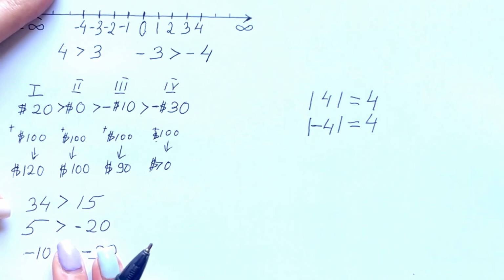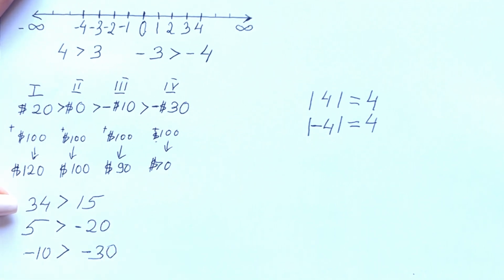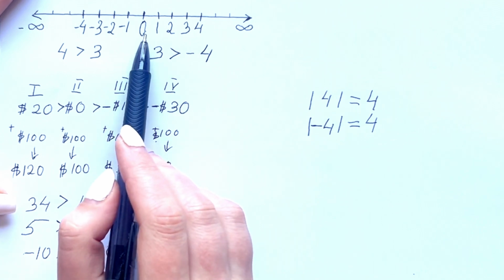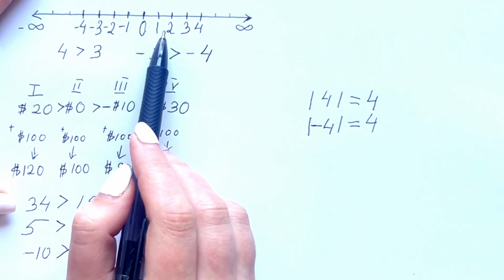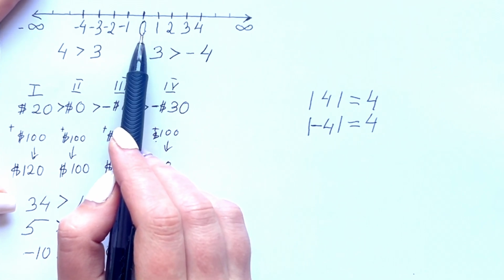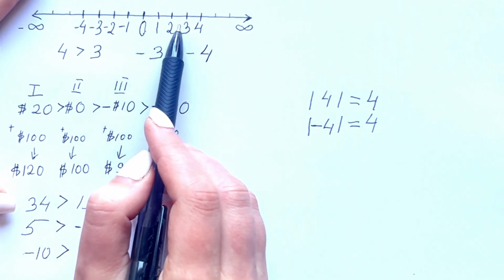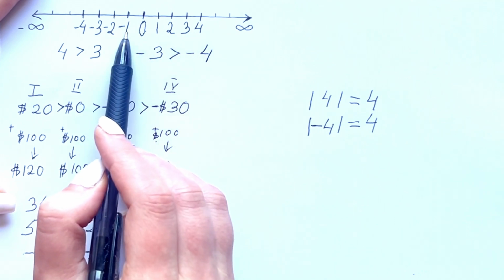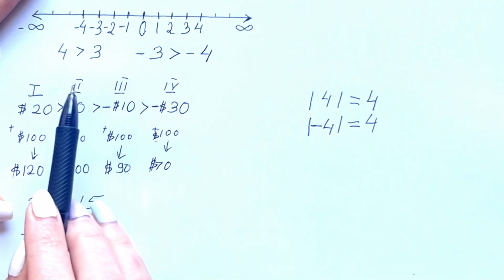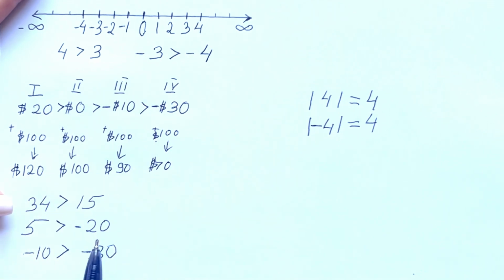Okay, let's see what we learned today. So, we reviewed the whole numbers. What does whole number mean? It's the numbers that you can count with, and the 0. We learned the integers. Integers are the whole numbers and their opposites together. We tried to compare the integers.